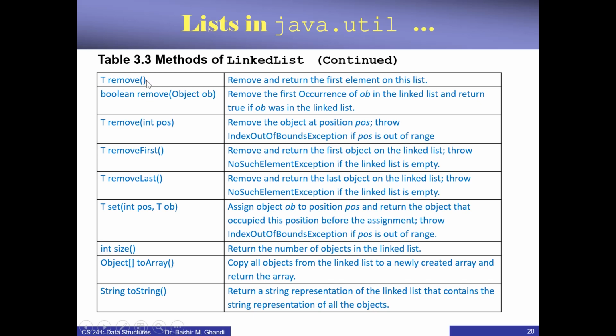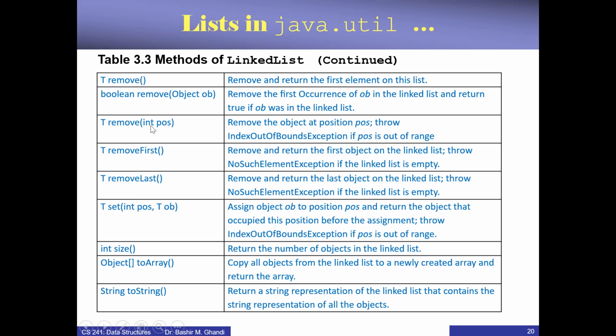So the same logic that we said for the add, if you just say add, the idea is add at the end. If you say just remove, you mean remove at the beginning. Okay, so this is what this remove will do. Remove and return the first element in the list. Okay, so those are the remove.